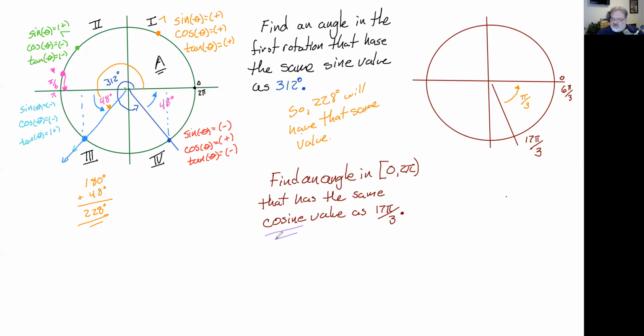Cosine in quadrant 4 is positive. So whatever the cosine value here is in quadrant 4, its value is going to be positive. The other place cosine is positive is up in quadrant 1.